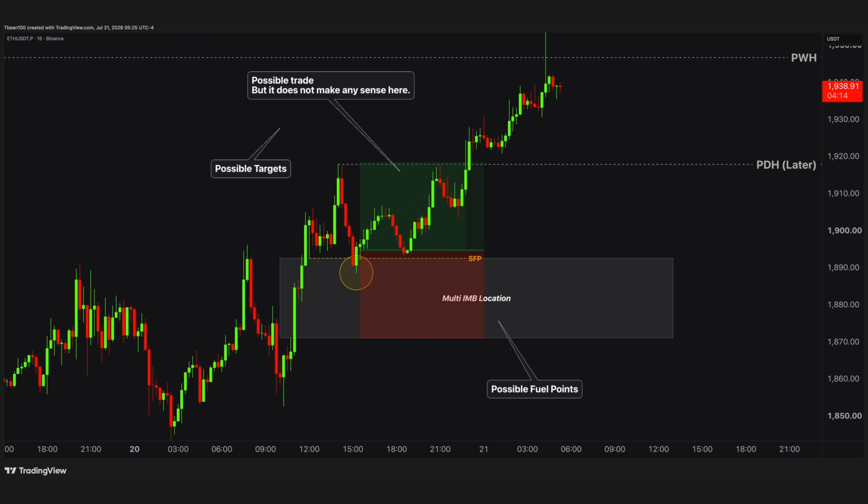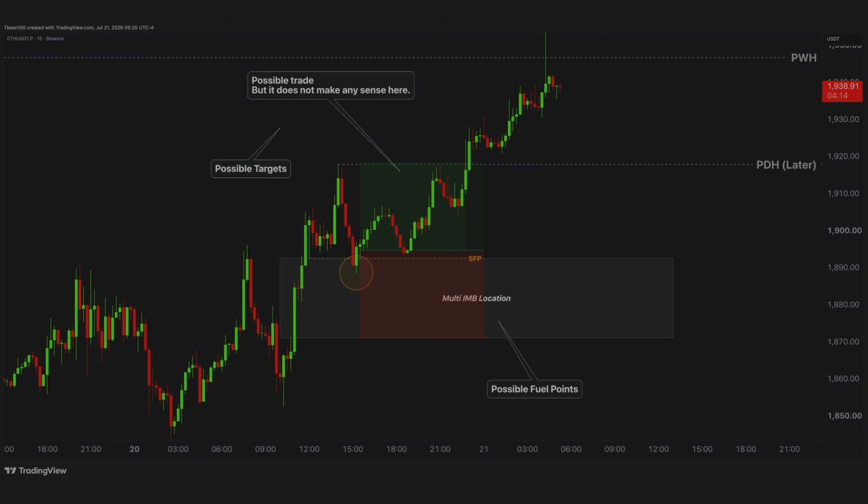But this trade does not make much sense because the target and risk reward ratio are not very ideal. Especially I'm talking about considering the commissions with cryptocurrencies. So my other idea is to drop down to even lower time frames and check out something else.